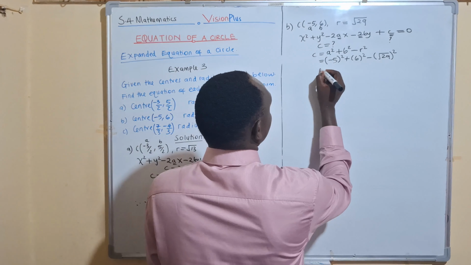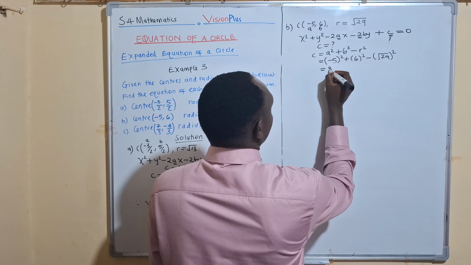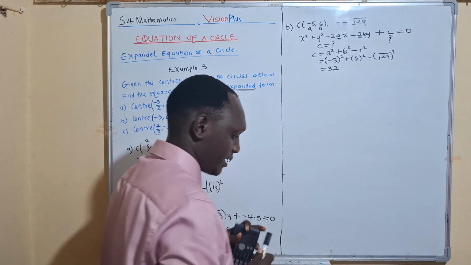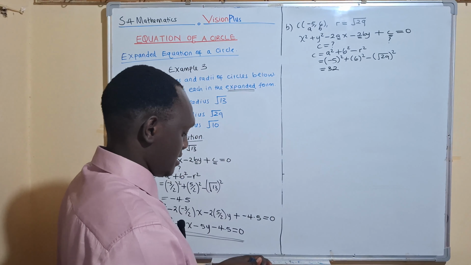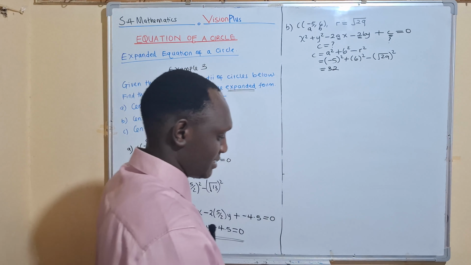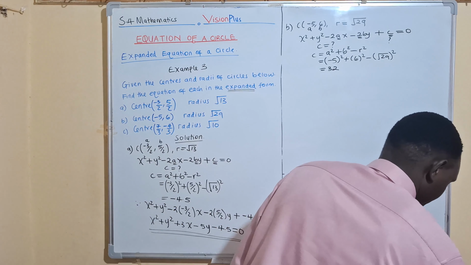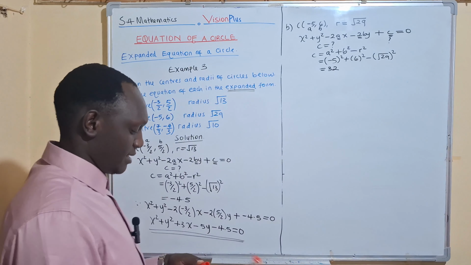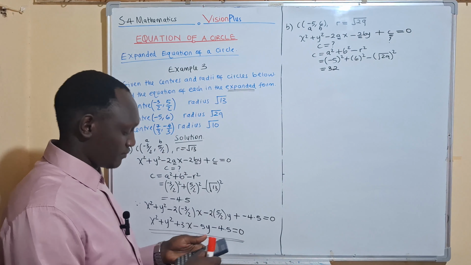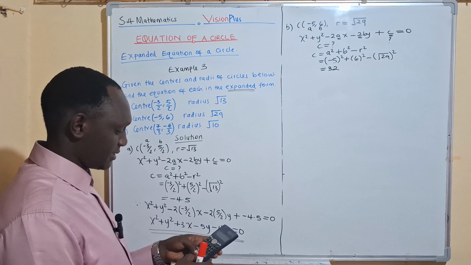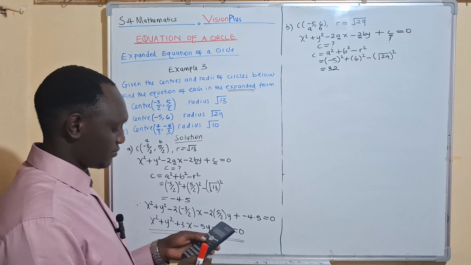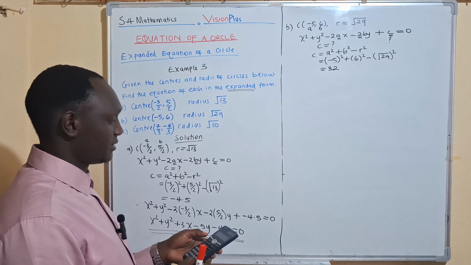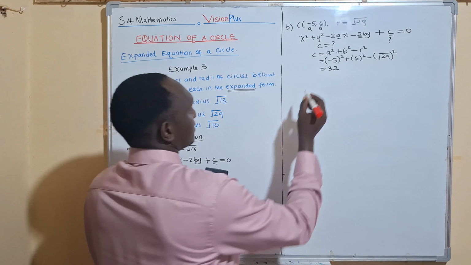I'm getting 32 in this case. We are running out of markers. Let me confirm that: 5 squared plus 6 squared minus root of 29 squared. It's correct, it is 32.